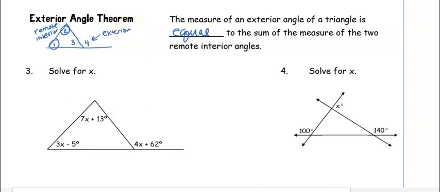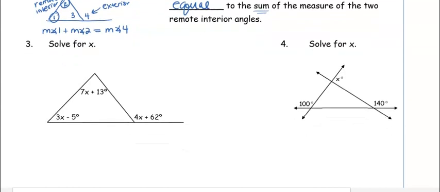What our theorem is saying when it says the measure of the two remote interior, this sum, so the sum is adding, is that the measure of angle 1 and the measure of angle 2 is going to be equal to the exterior angle, which is the measure of angle 4. So that's our exterior angle theorem.